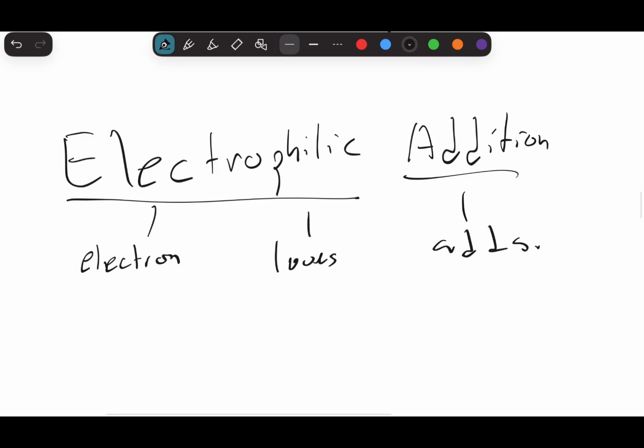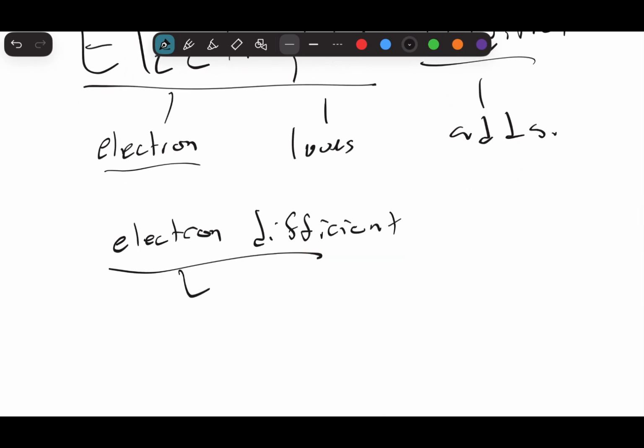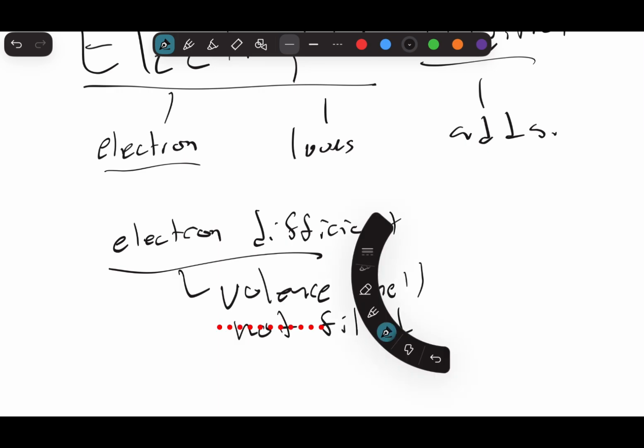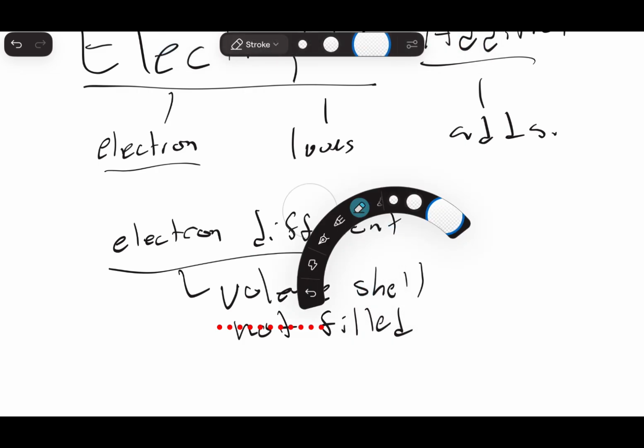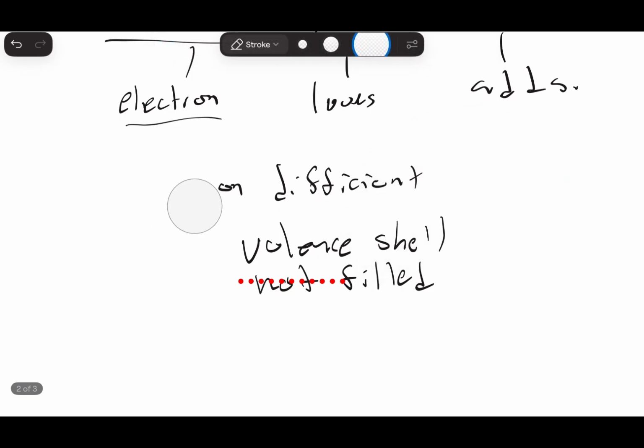So if you break it down, it means something that really loves electrons, meaning that it's electron deficient, or the valence shell is not filled. So it wants electrons, and it will add on to a molecule, okay?